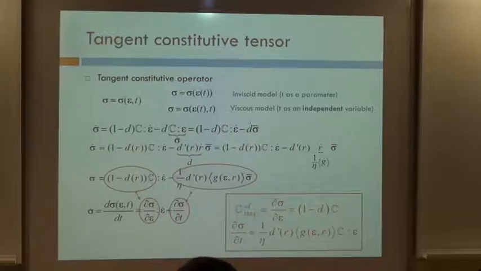I increase the strains, the stresses increase, at a certain point they start damaging, I have some damage, and at a certain point I just freeze the strains. In a damage model, the behavior would be like that. In a visco damage model, the behavior is that there is a relaxation of the stresses that can go to 0. Okay? The stress relaxation.